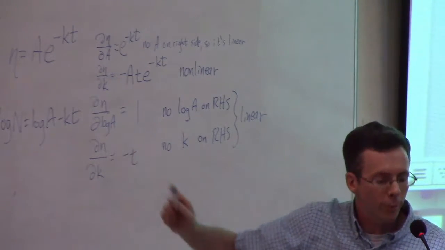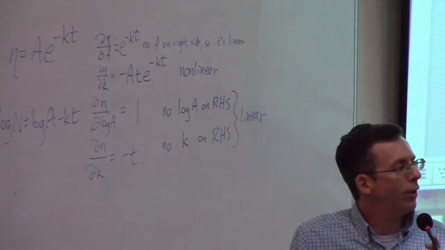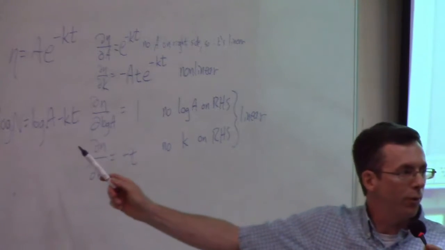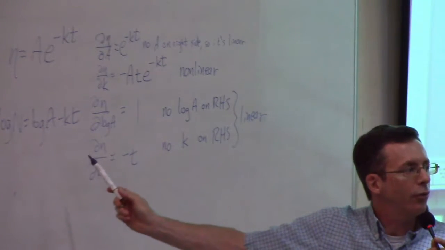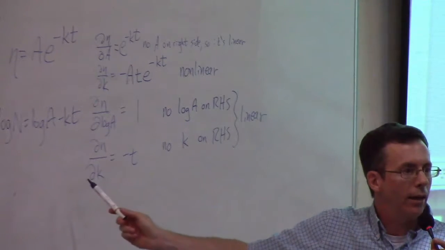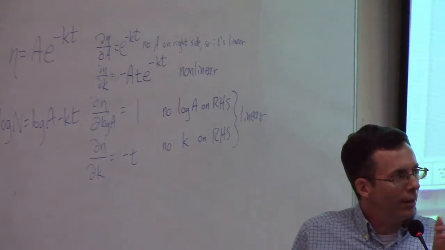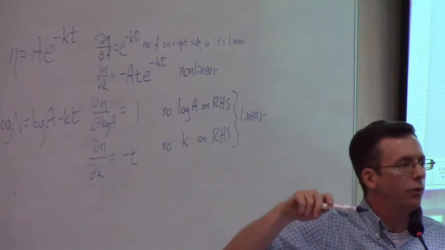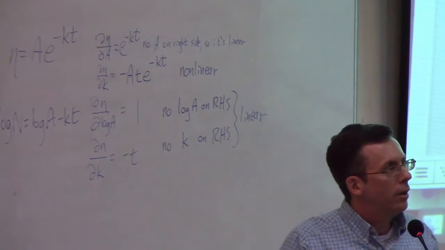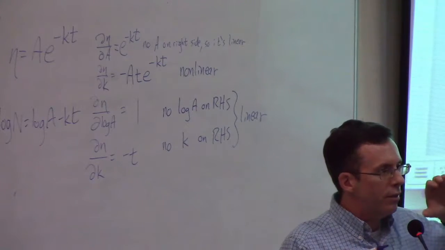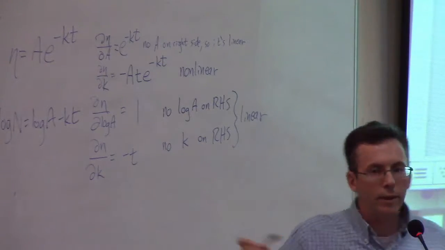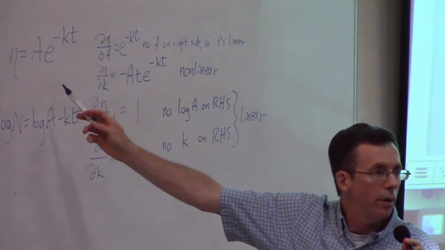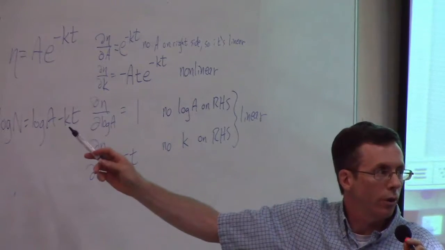So people use a logarithmic transform. But I can tell you that if you use a logarithmic transform, the result that you get for log a and for k can be slightly different from this one. It depends on your data. If your data variance is constant when you collect for this model, then the results will be very close.